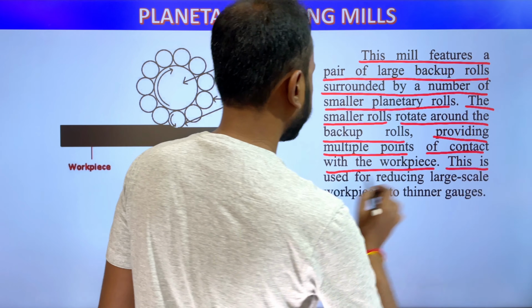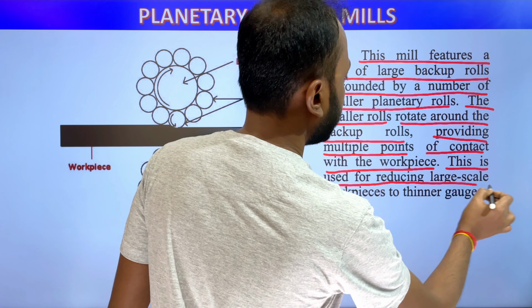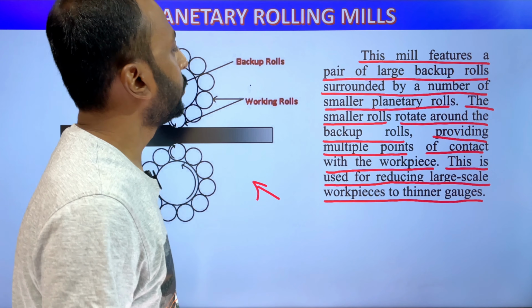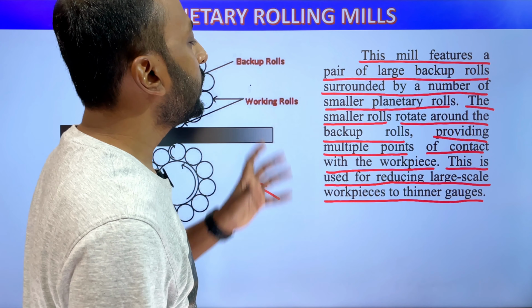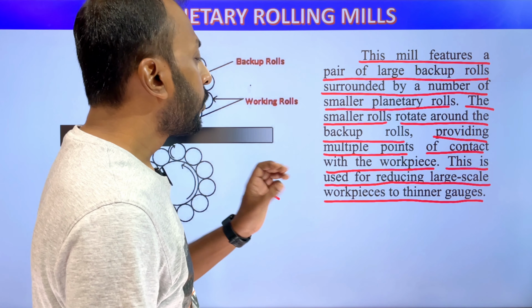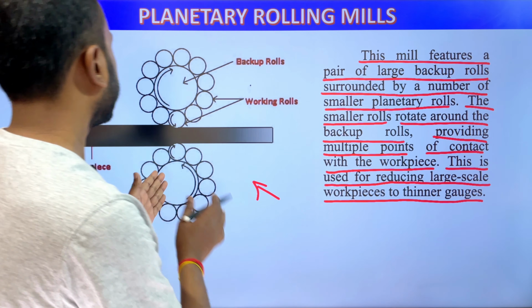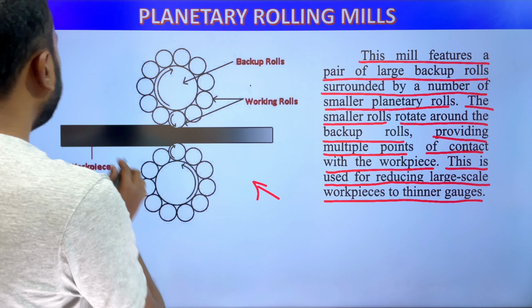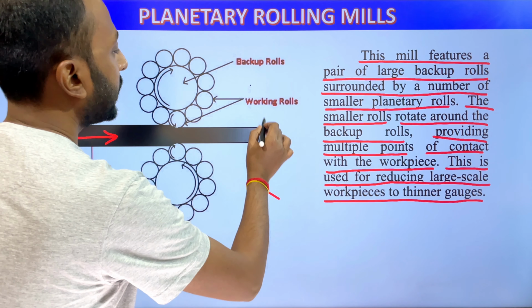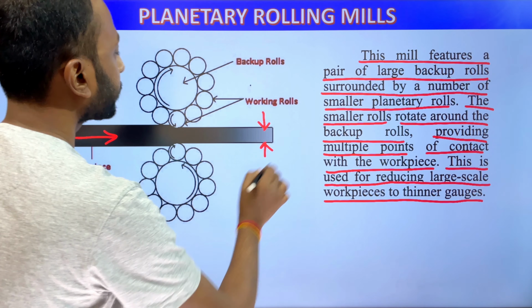This is used for reducing large scale workpieces to thinner gauges. So in this case, by using planetary rolling mills, we can make thinner products or thinner gauges. So this is the metal billet which is being fed, and the final product is this.